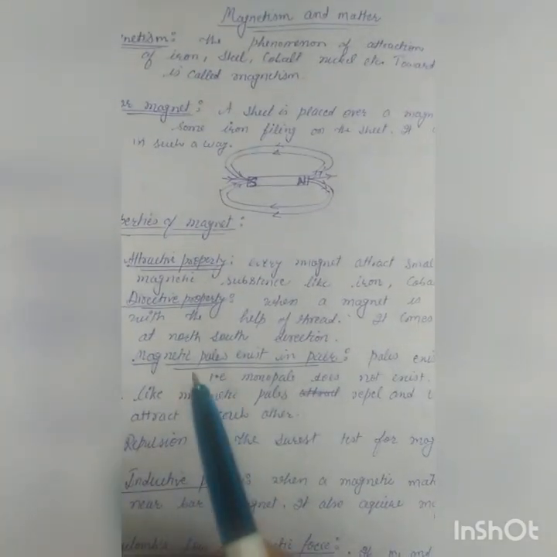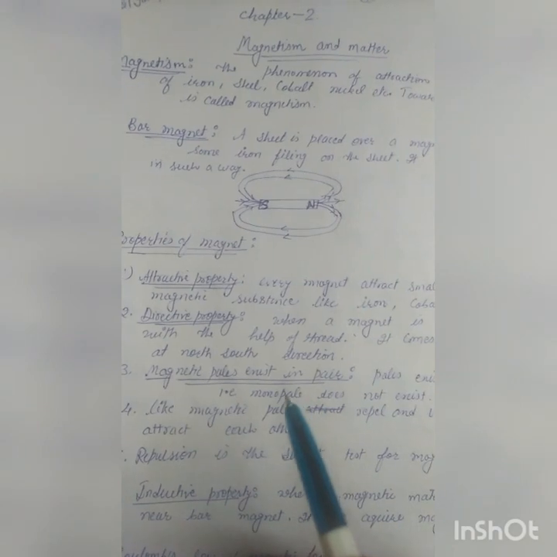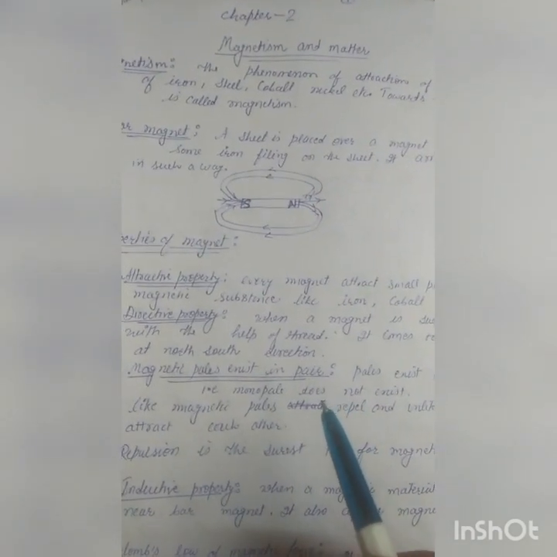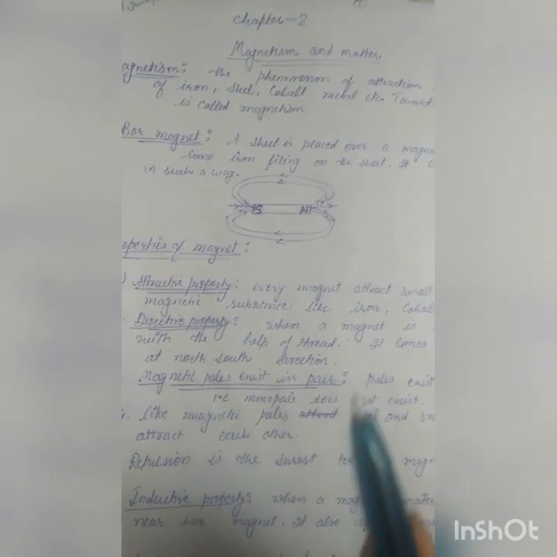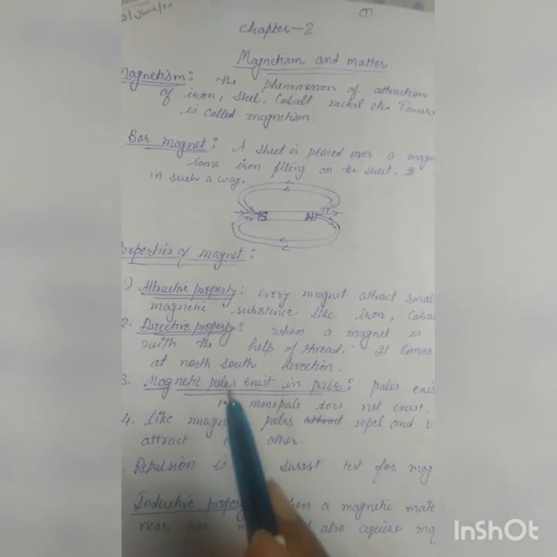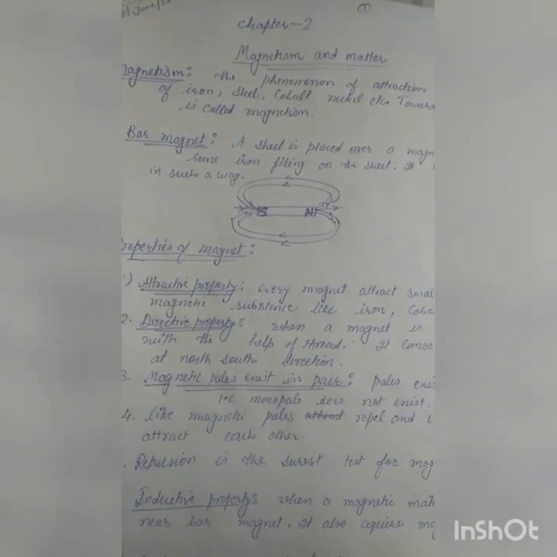Third, magnetic poles exist in pairs. That is, a monopole does not exist. Every bar magnet has two poles, one is the north pole and one is the south pole. If you cut a bar magnet, each piece also has a north and a south pole, not only a north pole or only a south pole.